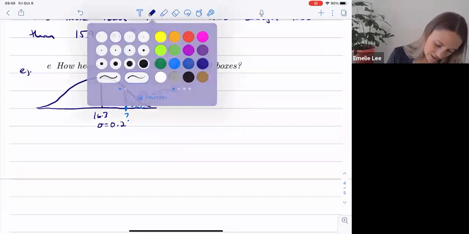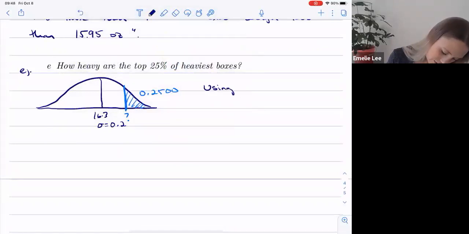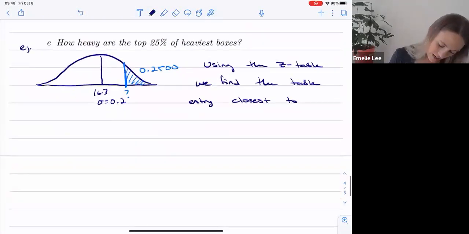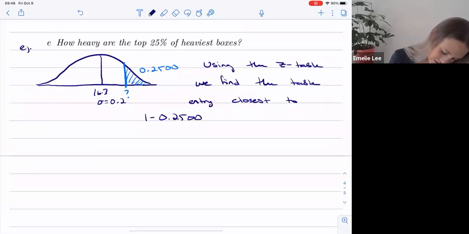So then what I'm going to say is, using the Z table, we find the table entry closest to 1 minus 0.2500, which is 0.7500.